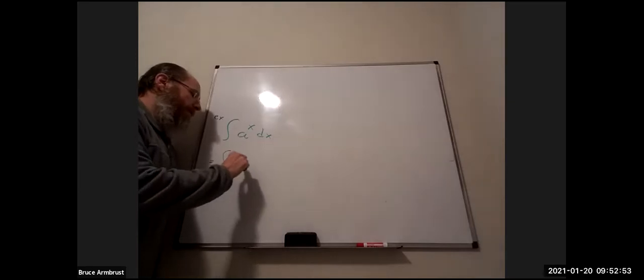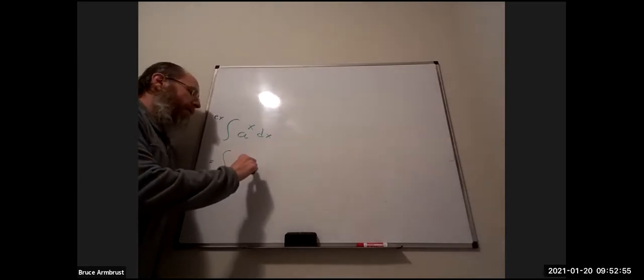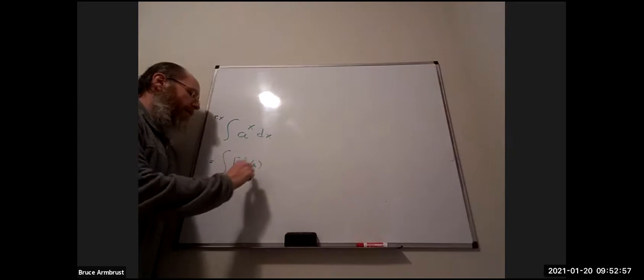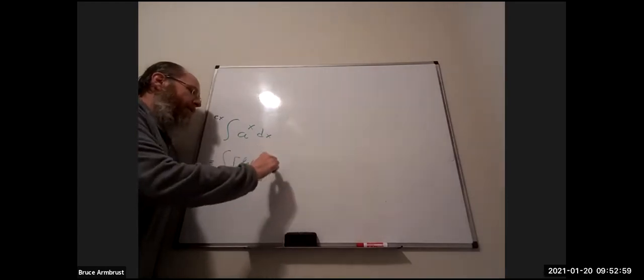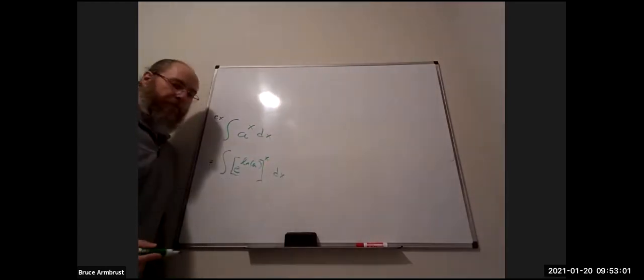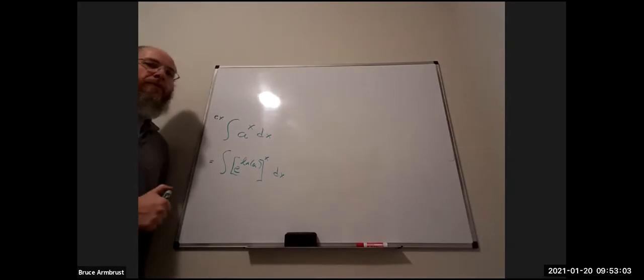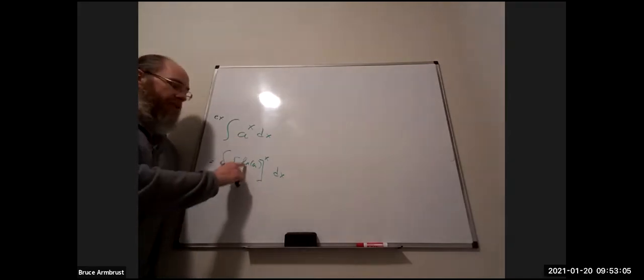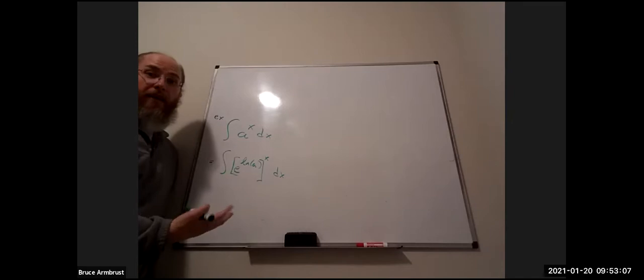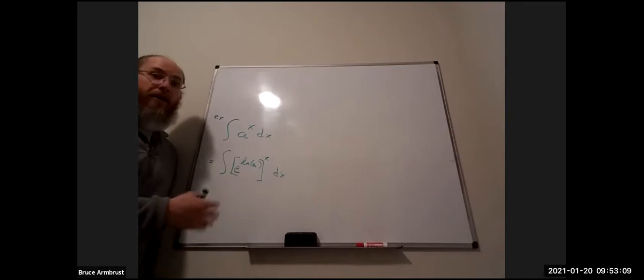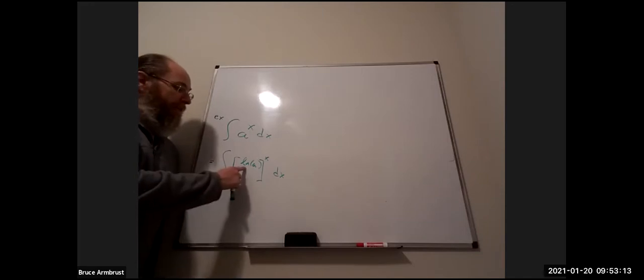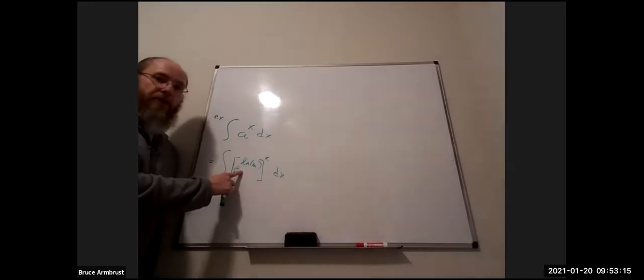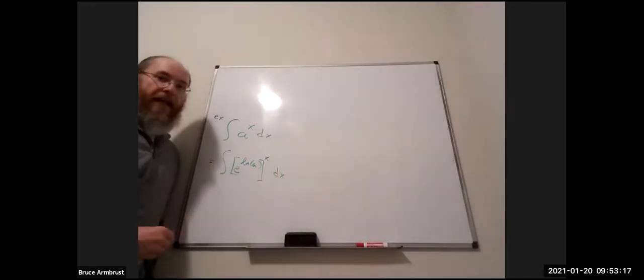We can actually write this as e to the natural log of a, raised to the x. So this is just an algebra step. This is the fact that the natural log and the natural exponential function are inverses. So this e and this natural log would cancel each other out and leave us with just a.